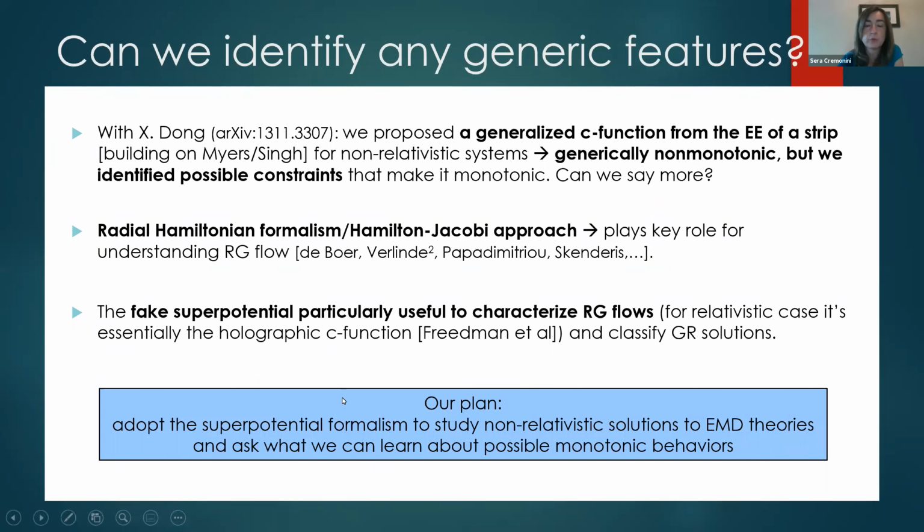So our plan was to take this superpotential formalism and adapt it to study non-relativistic solutions. And we consider Einstein-Maxwell-scalar theories, as you'll see, and also in some cases, as it turns out, our results are stronger if you drop the gauge field, not surprisingly. But we learned a lot of interesting lessons, relatively simple lessons, and identified a variety of quantities that are monotonic.